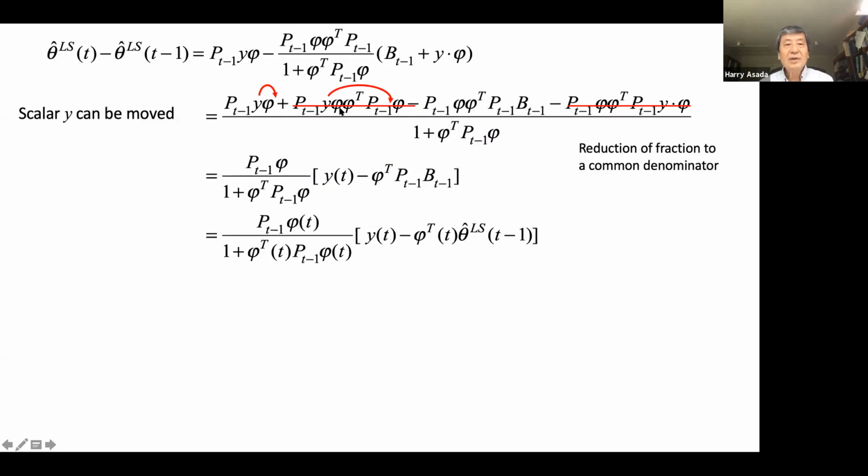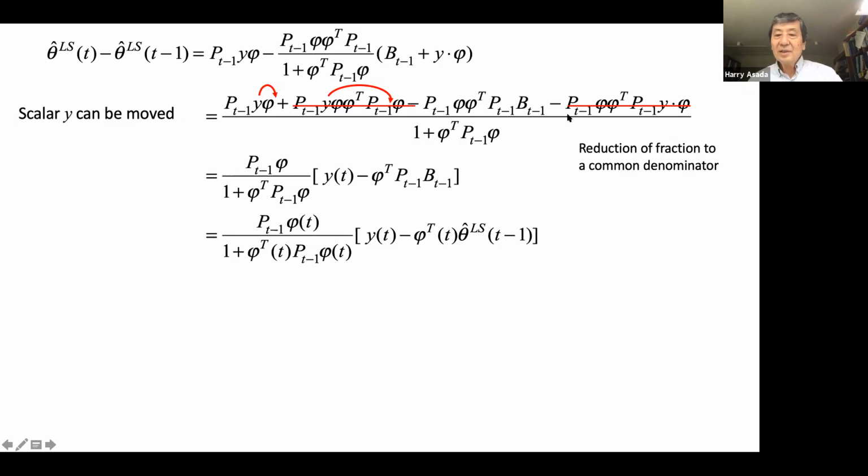Okay, just writing the same equation over here again. Now we have theta_t, P_{t-1}, y, phi, and so on. Now, through the reduction of fractions to a common denominator, we moved these terms to the numerator side by multiplying this. So 1 times this becomes this, and this times this becomes these terms, and this part I just distributed into two terms like this.